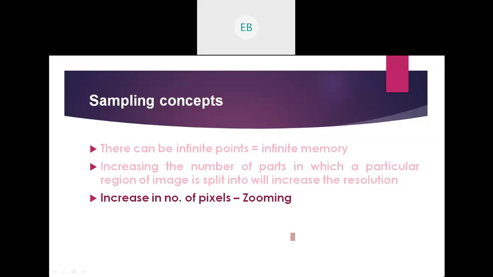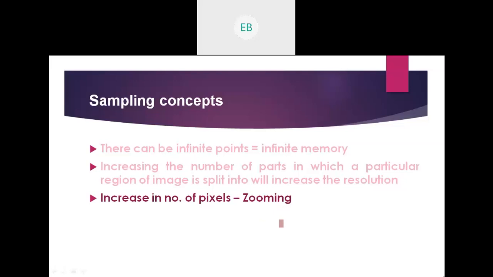That is, it refers to the total number of pixels utilized in constructing a digital image. An image having higher spatial resolution is composed of a greater number of pixels than those having lower spatial resolution. Okay, so then back to zooming.